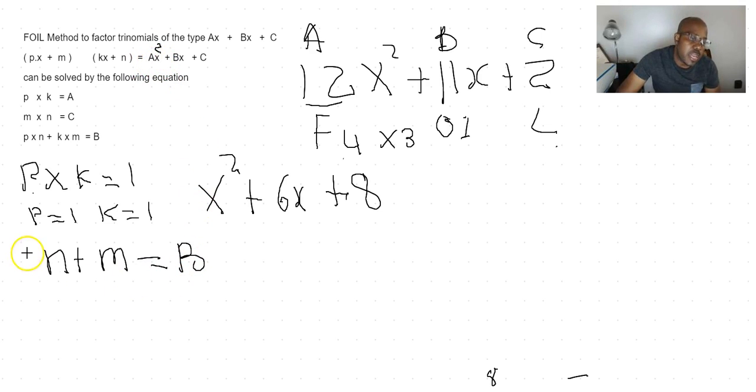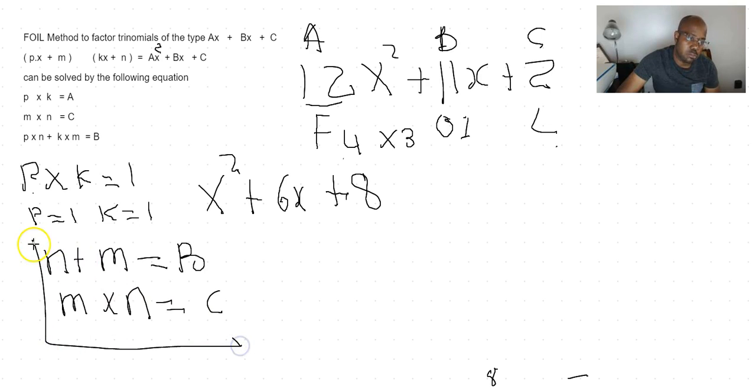So when a equals 1, for any trinomial I have to factor, I can have a new formula which is n plus m equal b, and I'm still going to have m times n equals c. So my new formula in this case is only this one. I'm not going to use a anymore.